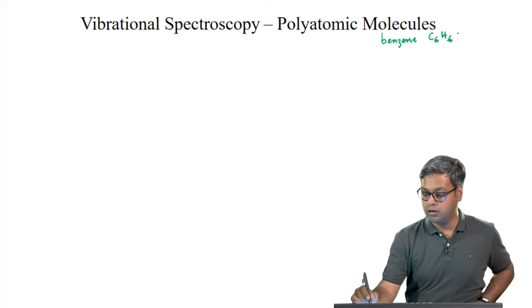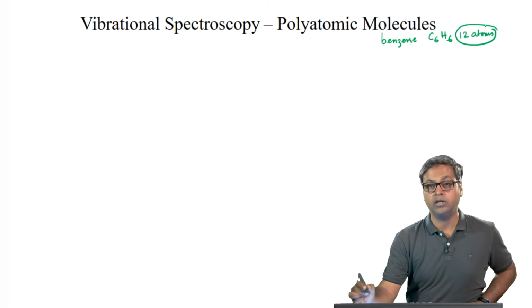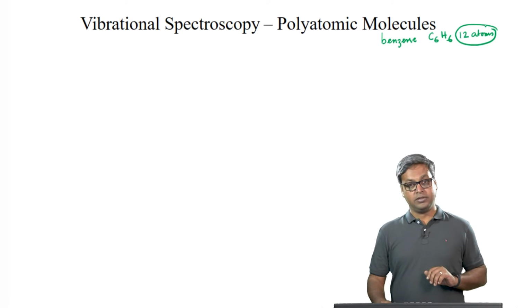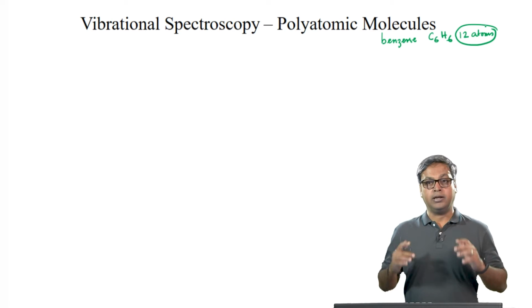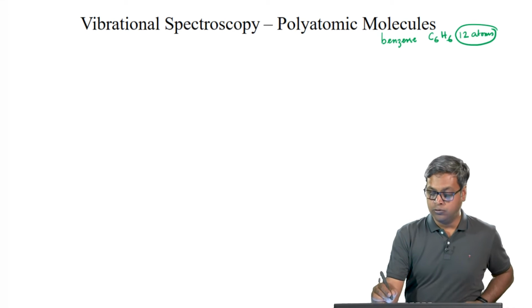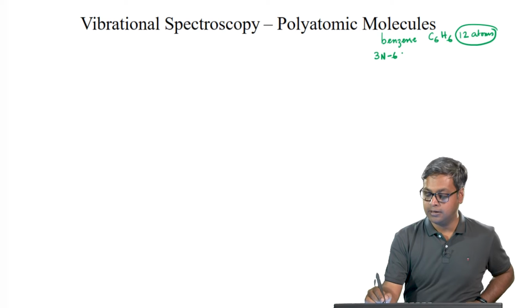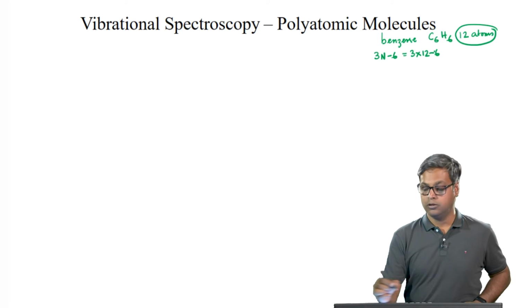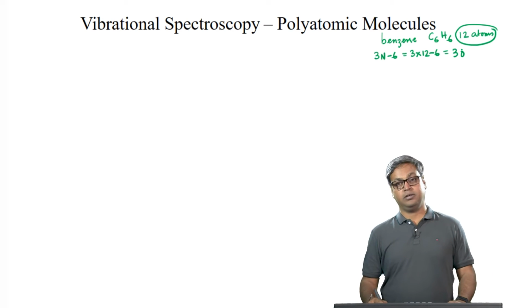So, there are 12 atoms in total, 6 carbon atoms and 6 hydrogen atoms, and these 12 atoms will give rise to 3n minus 6, that is 3 times 12 minus 6, so 30 modes of vibration.